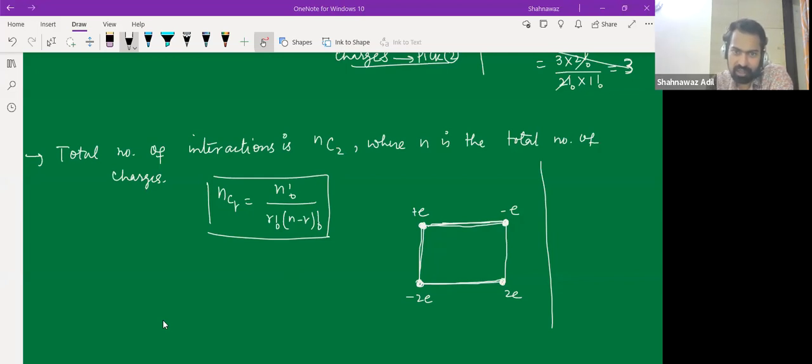You can also write it in the chat box. Four charges, right? So I have four charges and the total number of interactions would be 4C2. How many interactions would there be? Calculate and tell me.